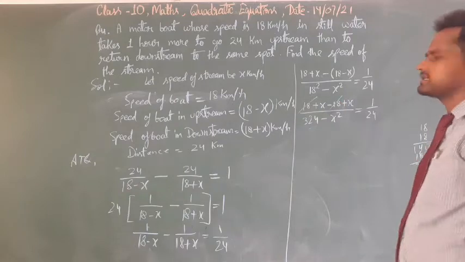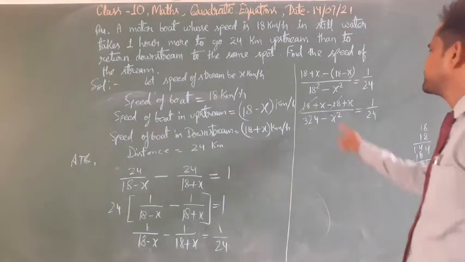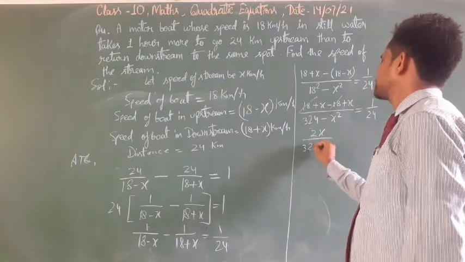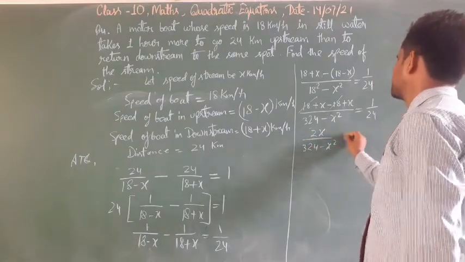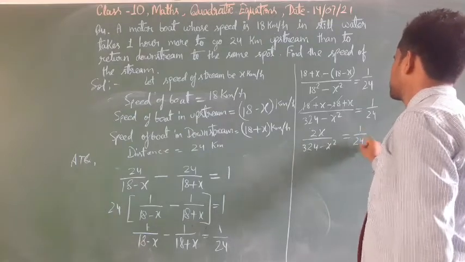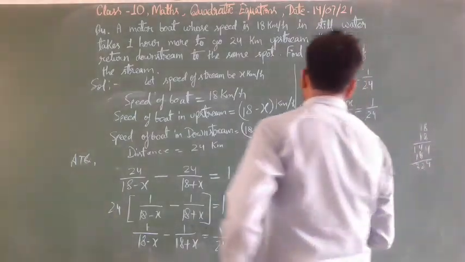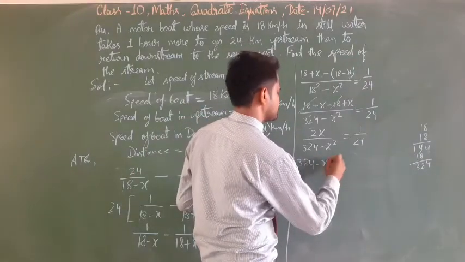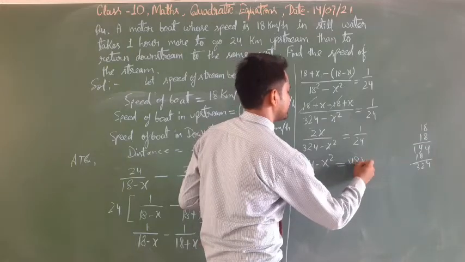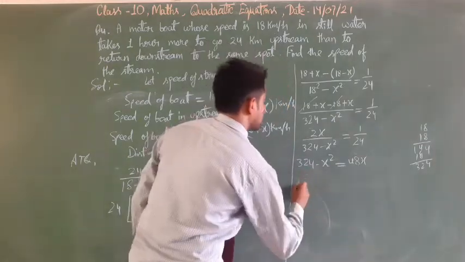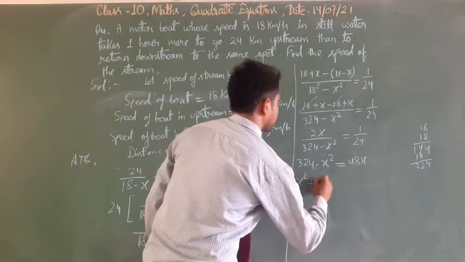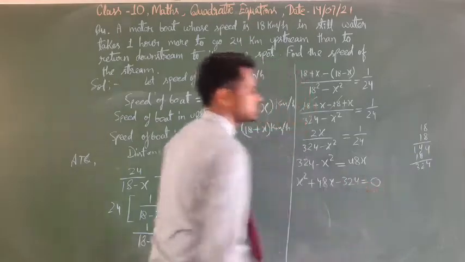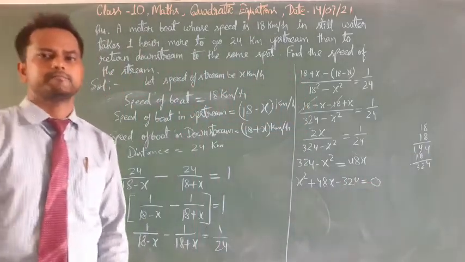Minus 18 plus 18 will be cancelled out. Then x plus x, that is 2x. So 2x upon 324 minus x square is equal to 1 by 24. Cross multiply to each other. Then we get 48x is equal to 324 minus x square. Transpose this, we get x square plus 48x minus 324 is equal to 0. Got it?